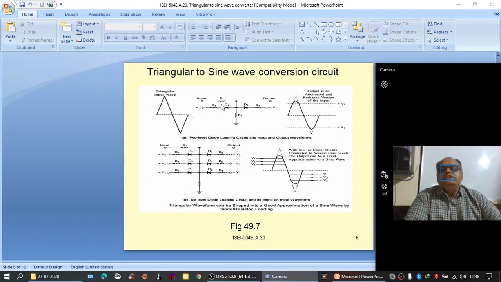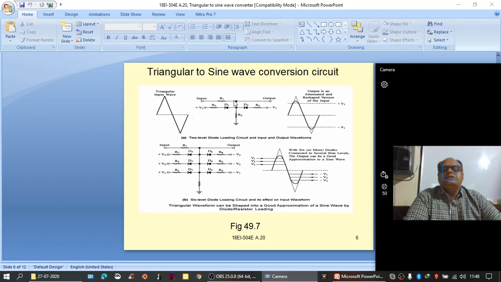Initially, when the diode D1 is in the off state, when the triangular wave is in its first quarter of the cycle, that is 0 to positive maximum, the voltage available at the output is Vin by R1 plus R2, that is the current, multiplied with R2, the drop across R2.